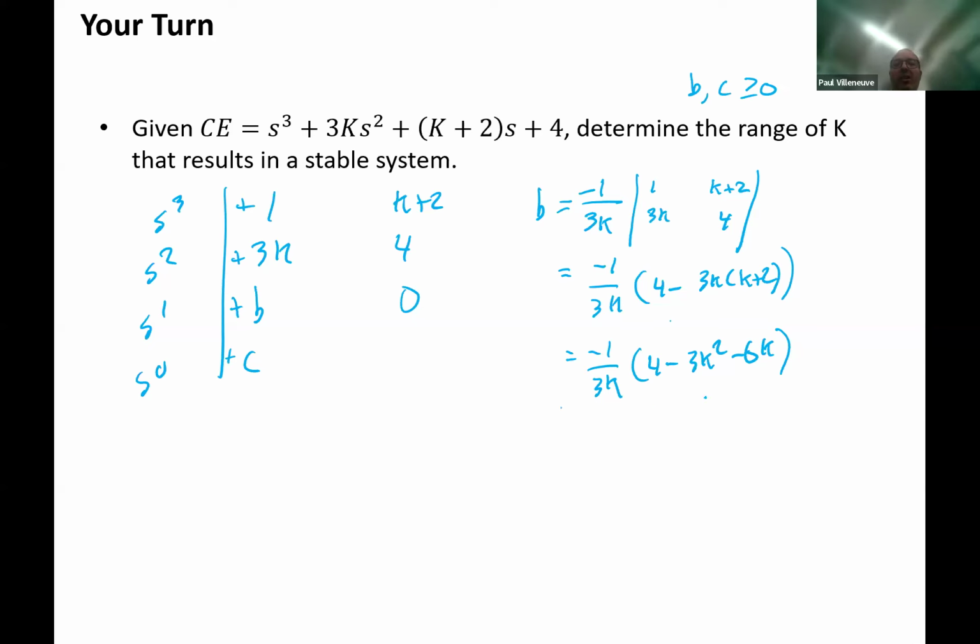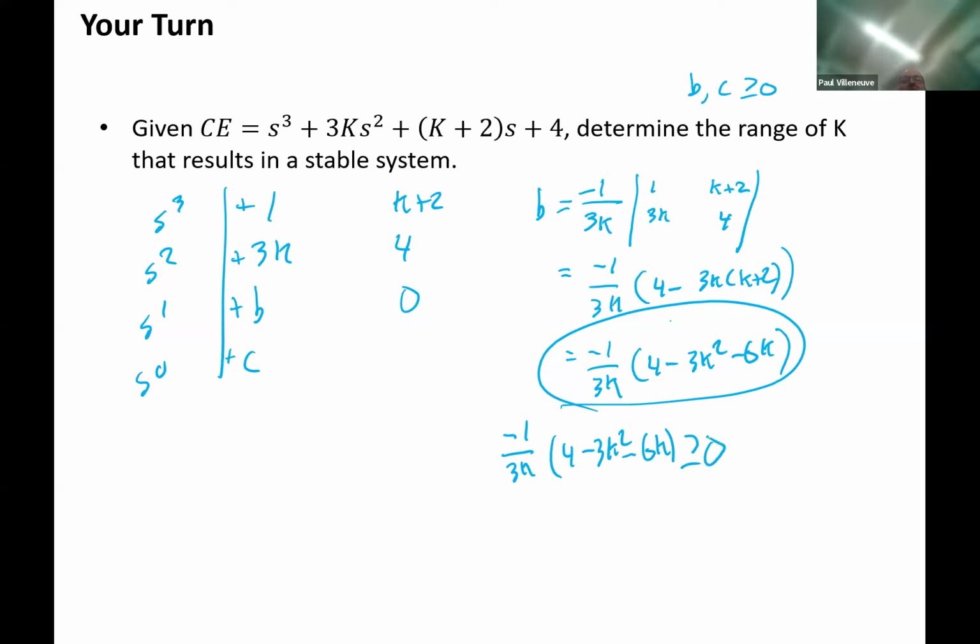So I'm really going to focus on this term here and making sure that that is greater than 0. So -1 over 3k times 4 minus 3k squared minus 6k has got to be greater than or equal to 0, correct? I can multiply both sides by 3k over -1. That term's gone. And now I have 4 minus 3k squared minus 6k left over.